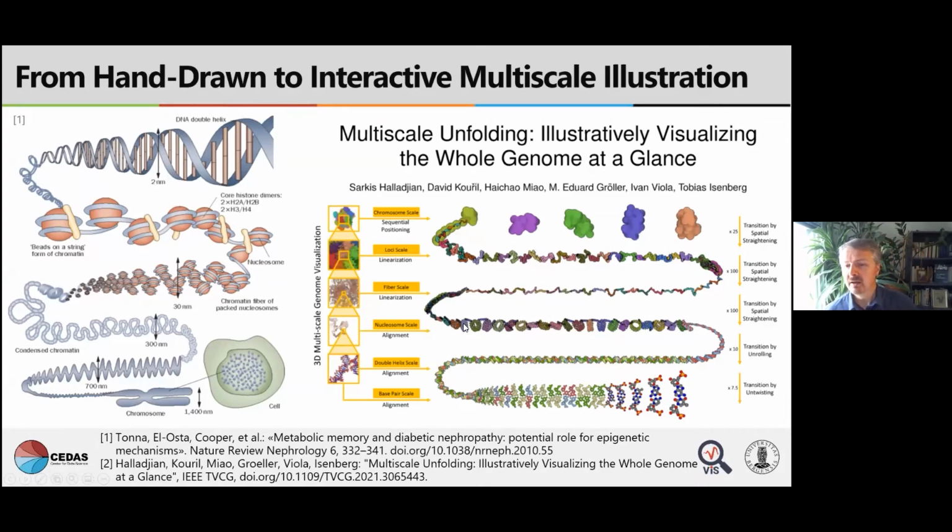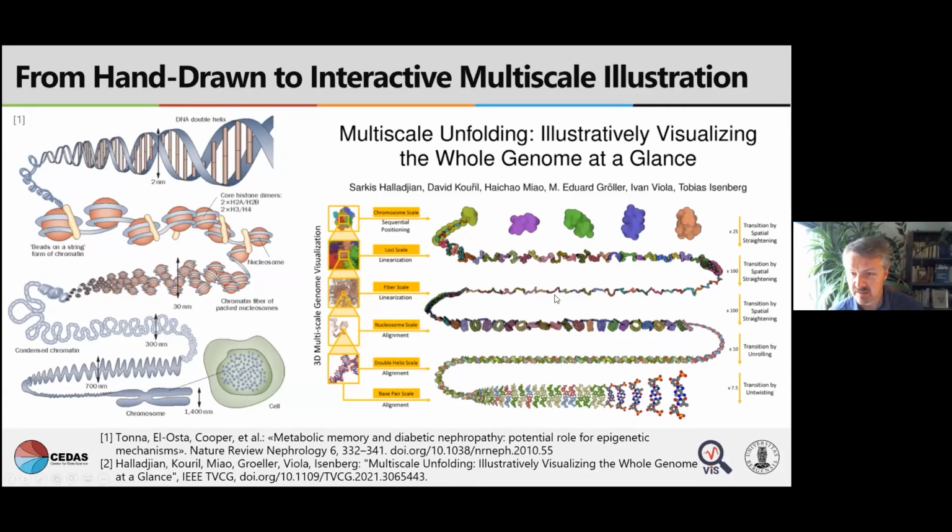Now, our colleagues are able to come up with an interactive illustrative visualization that borrows some of these principal ideas, for example, piecewise linear abstraction structures that are phases where the scales change.